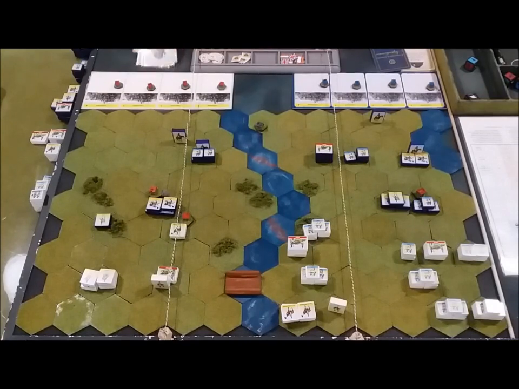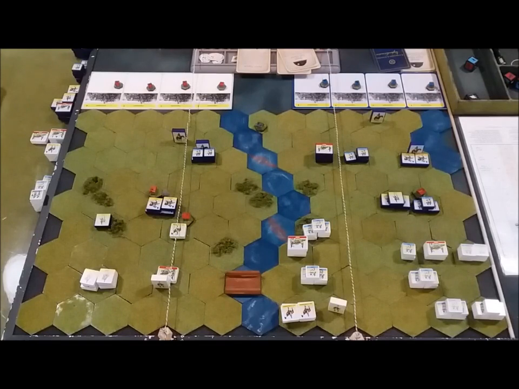And it is the Austrians' turn. And they can smell blood in the water. And they have a probe left, a scout left, and a forced march. And remembering that forced march for the line infantry is only 1 hex. Bugger.